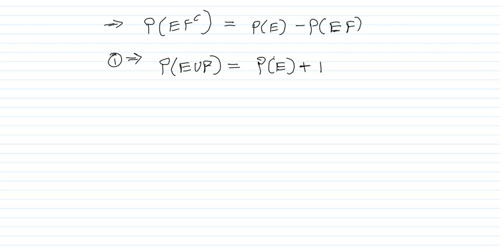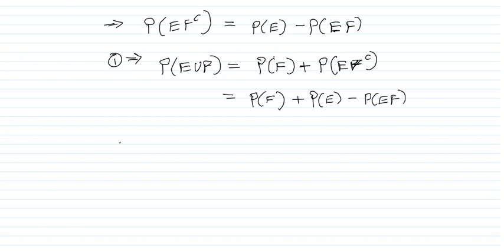This is exactly P of F plus, I think I wrote it wrong, this must be F, so this is P of E minus P of E intersection F. Therefore we proved the result. The probability of E union F is the same as the probability of E plus the probability of F minus the probability of E intersection F.